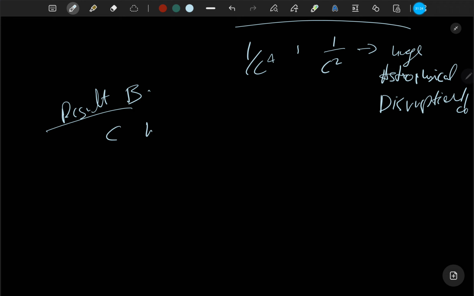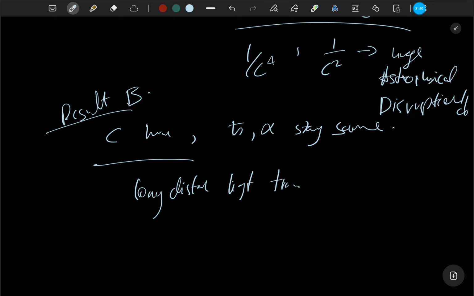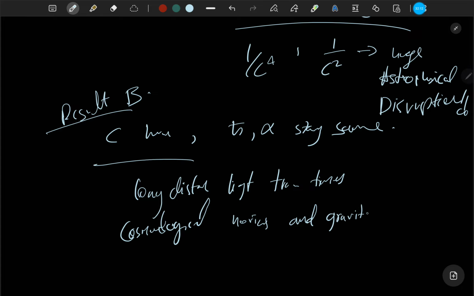So if c changes, dimensionless constants and everything stay the same, then nothing would happen, basically just long-distance light travel times would change, and cosmological horizons and gravitational scales, basically.